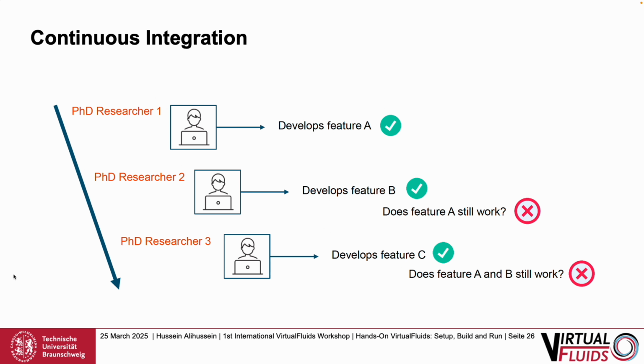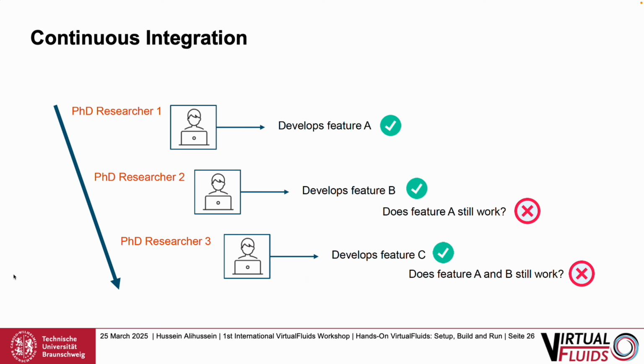And continuous integration, only a couple of words about it. We are working together on a code, so maybe if each one of us is working alone, then some researcher 1 would develop a feature, then comes researcher 2 and wants to continue developing the code. Then he asks, does feature A still work?